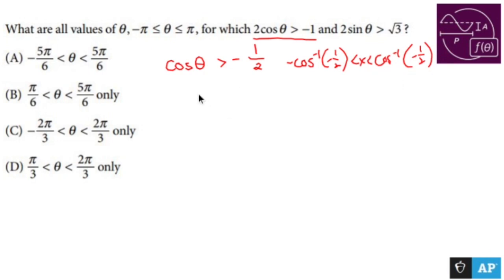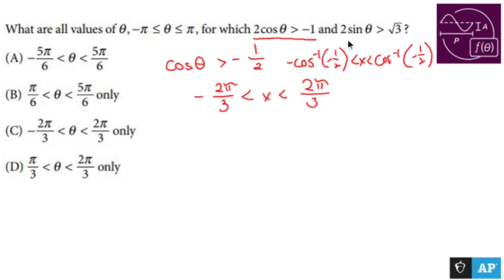What that leaves us with is the inverse cosine of 1/2 is regular 2 pi over 3. So this is going to be negative 2 pi over 3 is less than x, which is less than regular 2 pi over 3. Okay? Not fun, but there you have it.